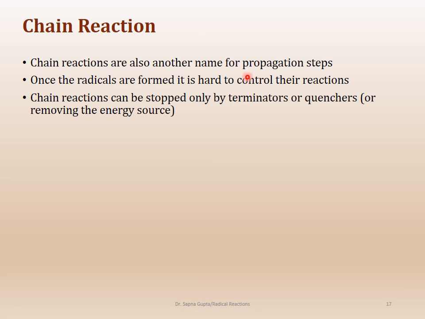So these reactions where propagation is going on are called chain reactions. The best way to stop a chain reaction from happening is by adding a terminator or a quencher, which removes these radicals, or you can remove the energy source, and that will then stop the chain reaction from happening. But chain reaction is a name that is given specifically for free radical reactions.